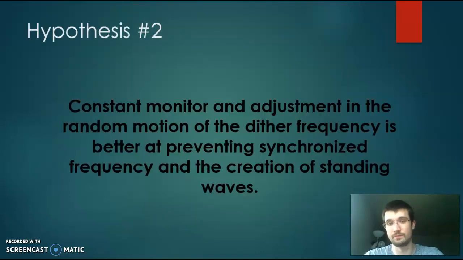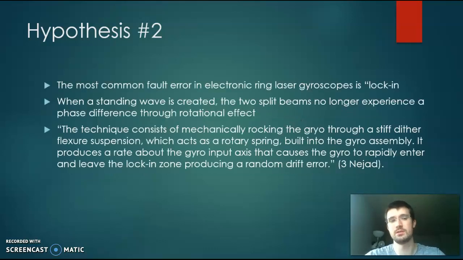My second hypothesis was that constant monitoring and adjustment of the random motion of the dither frequency is better at preventing synchronized frequency and the creation of standing waves. The most common fault in these electronic ring laser gyroscopes is lock-in.